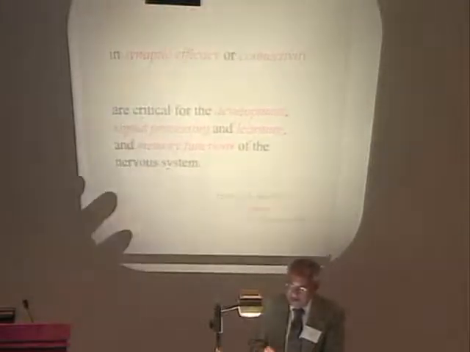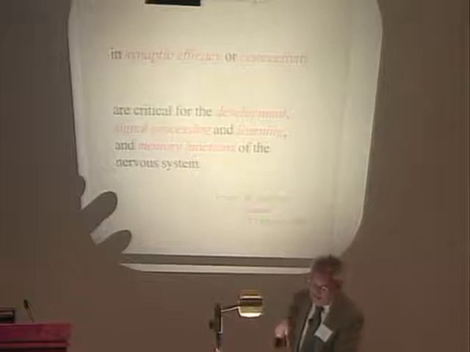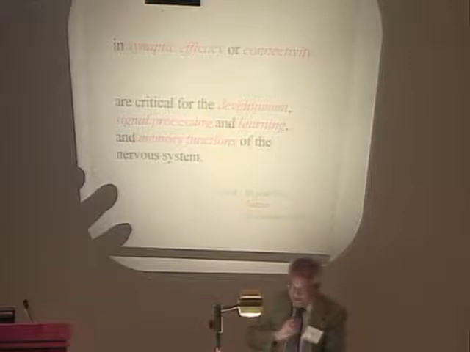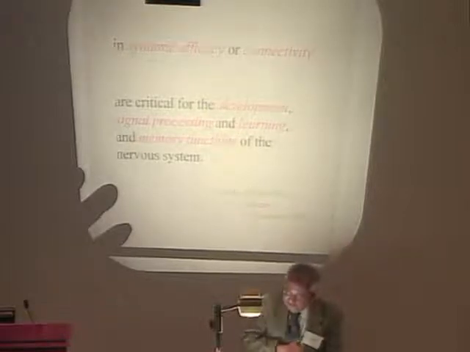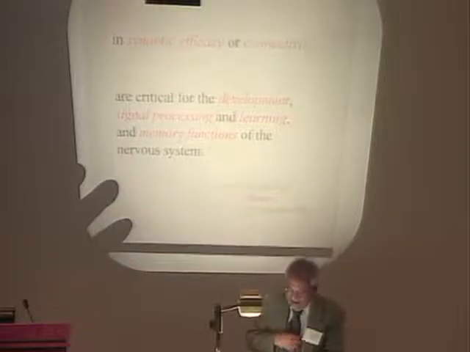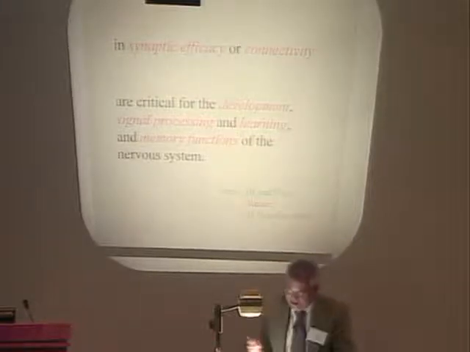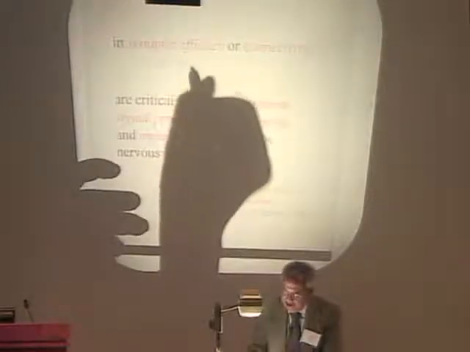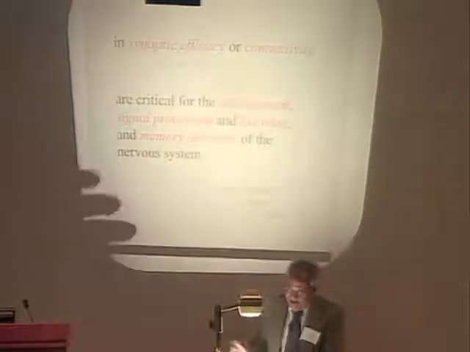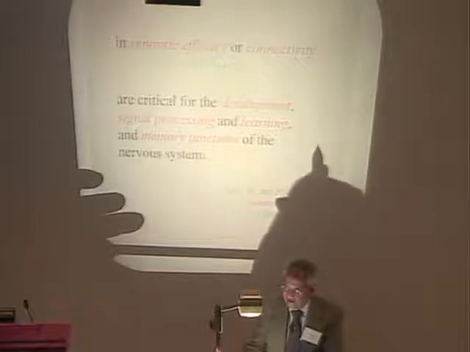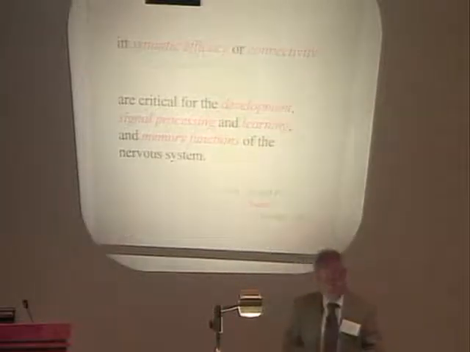He said, activity-dependent changes in synaptic efficacy or connectivity are critical for the development of signal processing and learning of the nervous system. And if you would just change the wording, instead of memristor, I will just cross this out and call this memristance. And then this would be the same, except that we now call this an intelligent system, electronic systems.